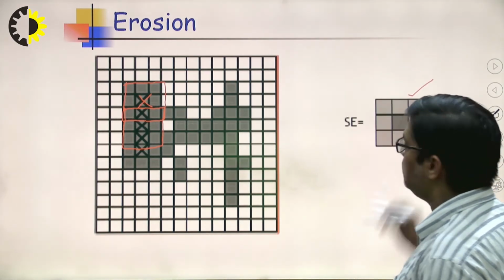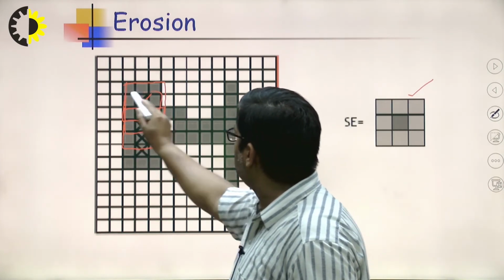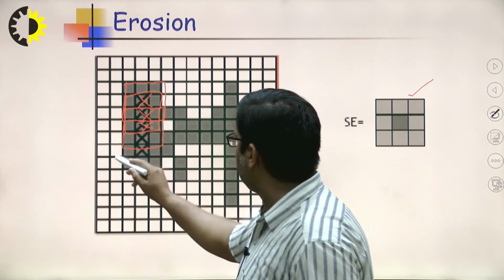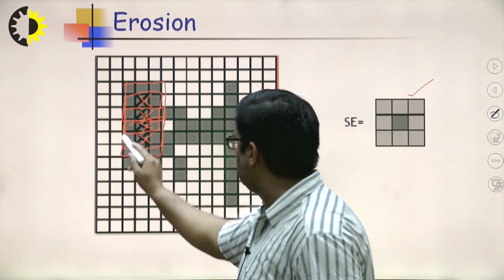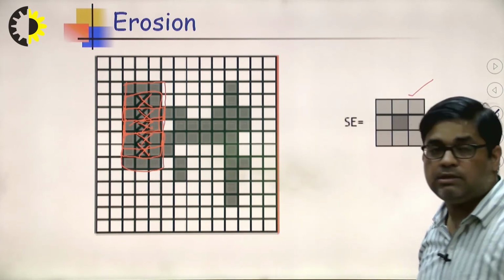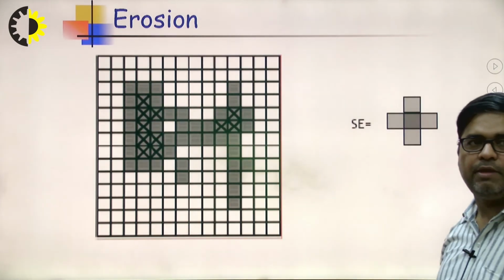If I match it here, this pixel will be highlighted; whenever I shift it here, this pixel will be highlighted, and again here. So the star portion is actually the highlighted portion of the image.